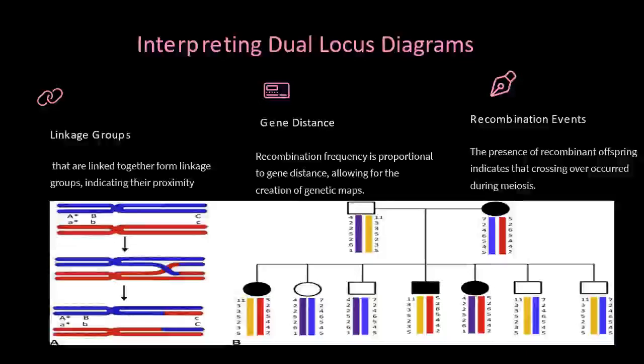Now interpreting locus diagrams, linkage groups, gene distances, and recombination events. Here there are three phases, R, Y, and B, three phases of linkage groups that are linked together to form a linkage group, indicating the proximity. Gene distance and recombination frequency are proportional, allowing the creation of genetic maps.